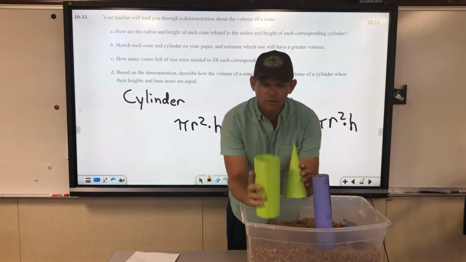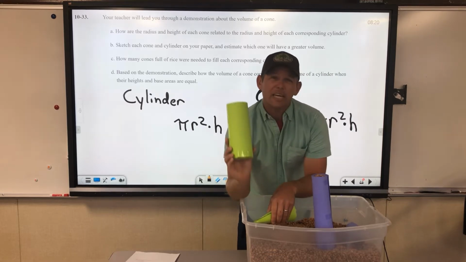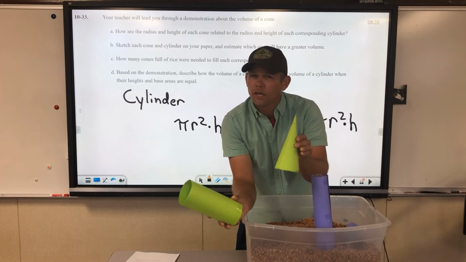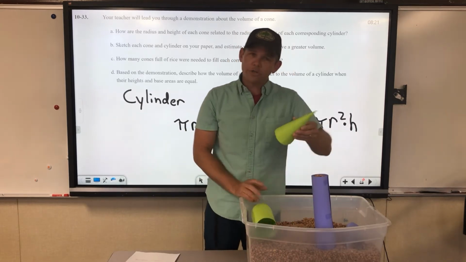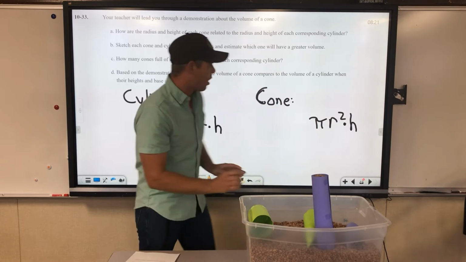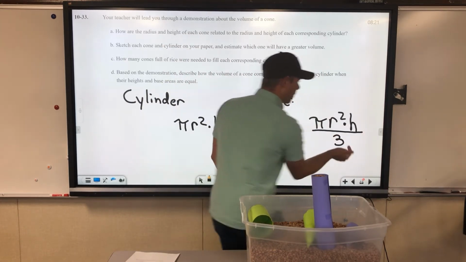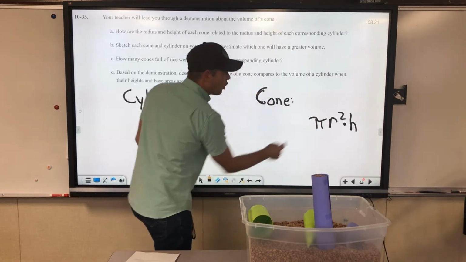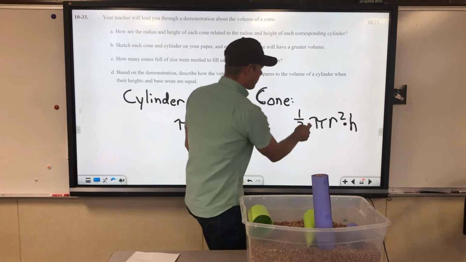But here's the extra piece. If this is 3 times larger, then the cone is how many times smaller? 3 times smaller. So if you are going to take something and make it 3 times smaller, you could divide this whole thing by 3, or you could call it 1/3 of the size.